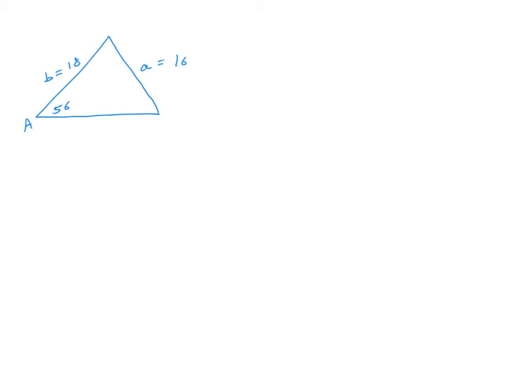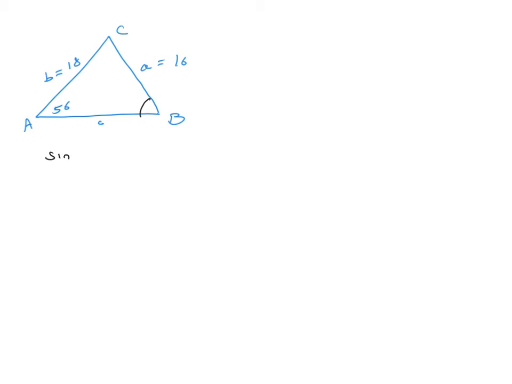So here's the information that we had on the triangle, and we do not know the measure of angle B or C or side c. I guess to start with, we only know one angle, so I can't start by solving for one of the other two. I think what we can do is solve for the measure of angle B first, and I'm going to use the law of sines to do this.